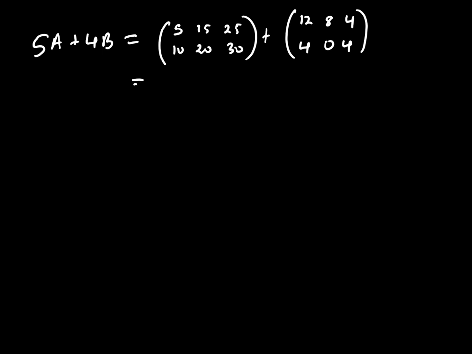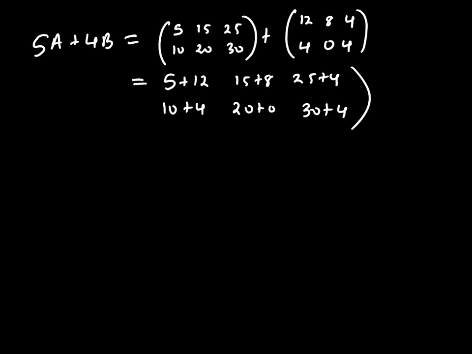So this can be 5 plus 12, 15 plus 8, 25 plus 4, 10 plus 4, 20 plus 0, and then 30 plus 4.